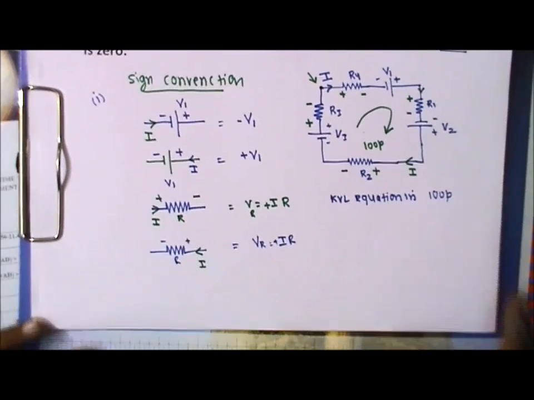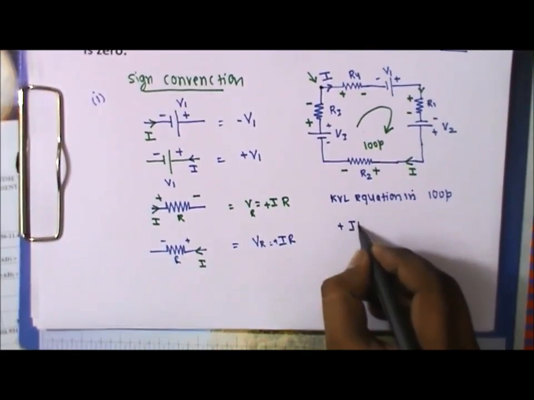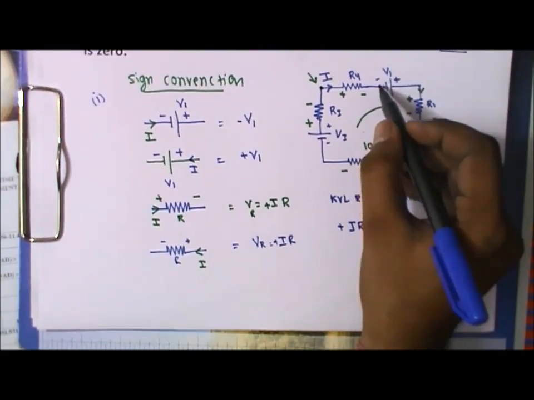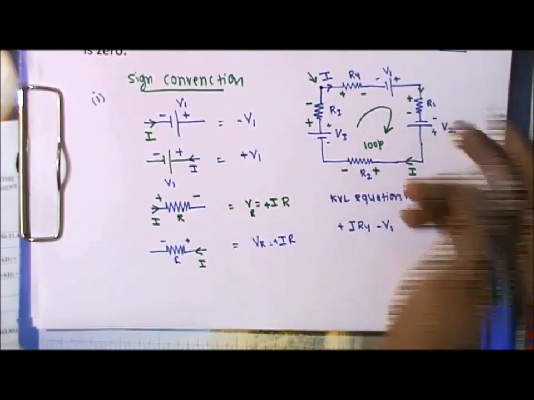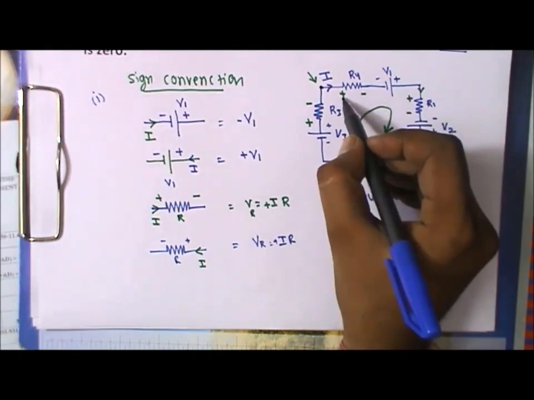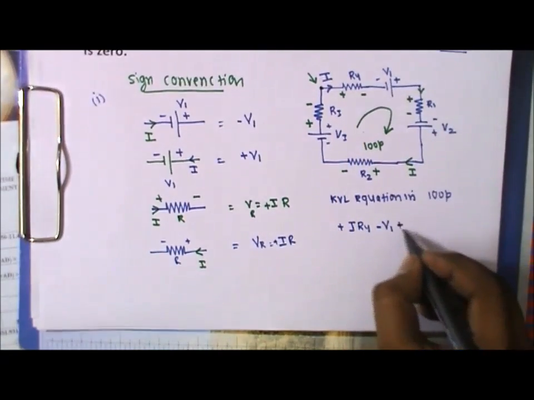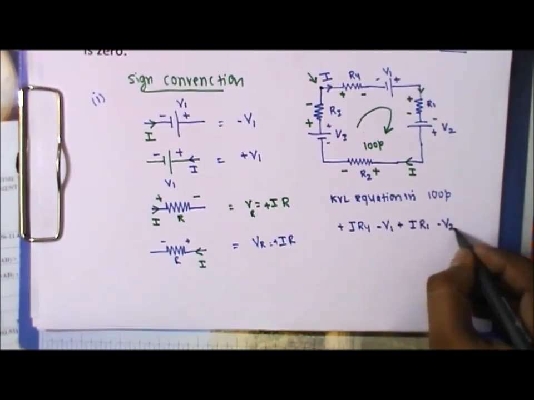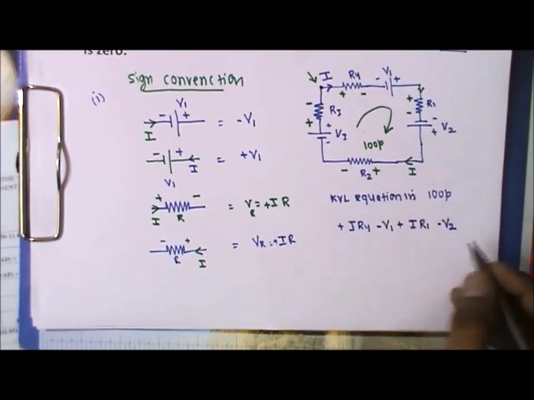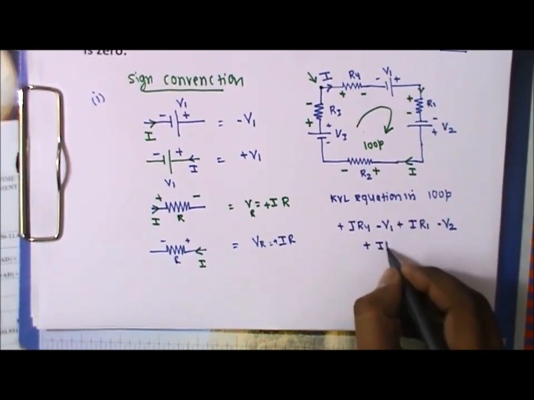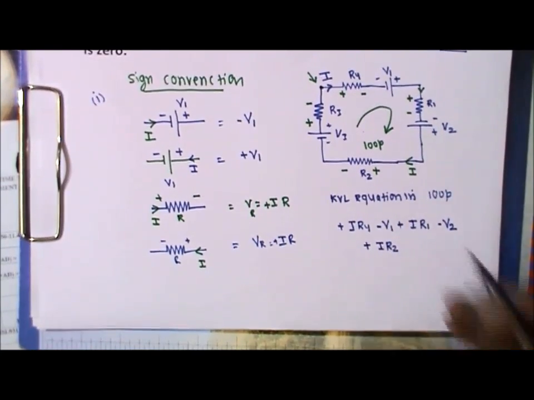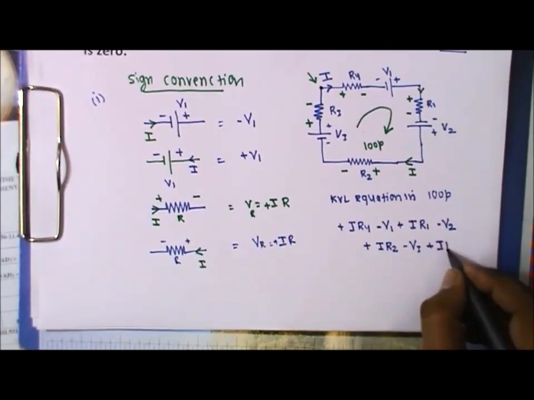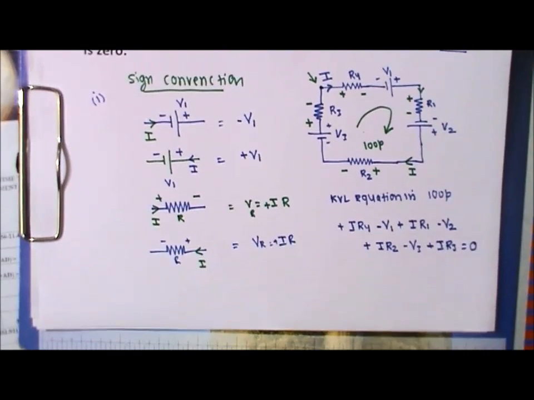So we can write the equation plus I into R4 माइनस V1, बिकॉज जो साइन आपके पाथ में आ रहा है वो आप ले लीजिए. यहाँ देख रहे हैं पहले क्या आ रहा है प्लस, यहाँ क्या आ रहा है माइनस, then we are writing plus I into R1, then we are writing minus V2, it is having a minus, then plus I into R2, then minus V3, then we are obtaining I into R3 should be equal to 0.